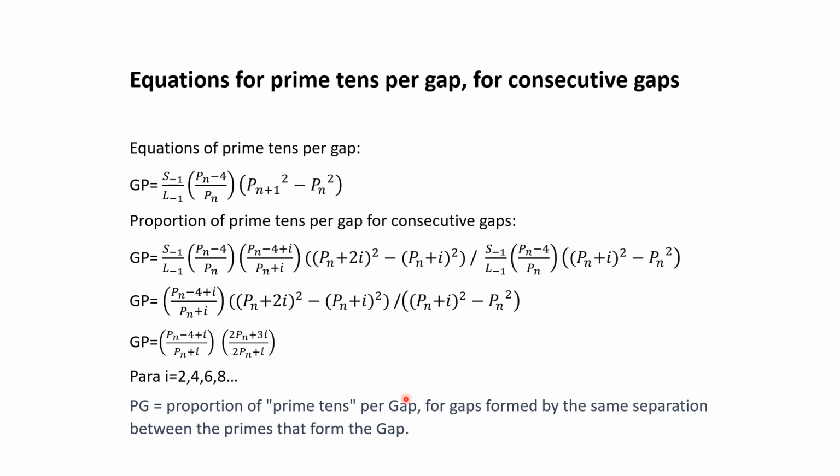These are the equations for the proportion of empty boxes in the gaps. In this equation here, for example, these two are the number of empty boxes in the previous cycle, and this is the length of the previous cycle.